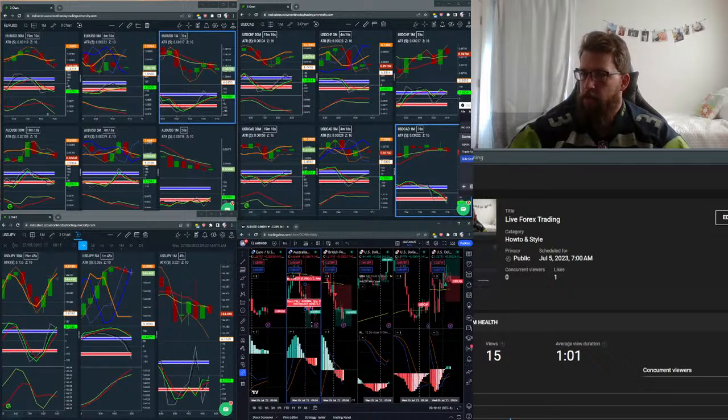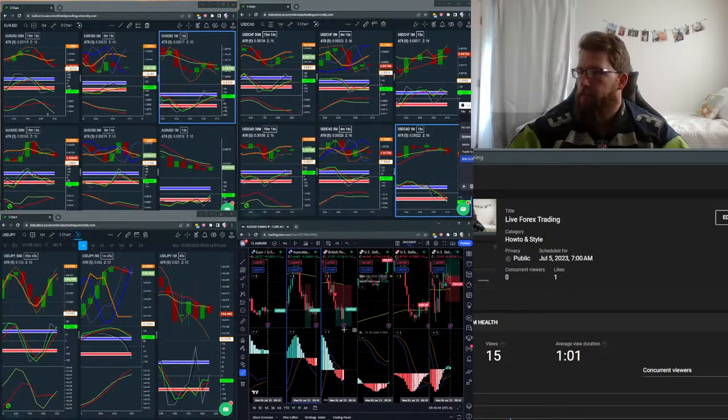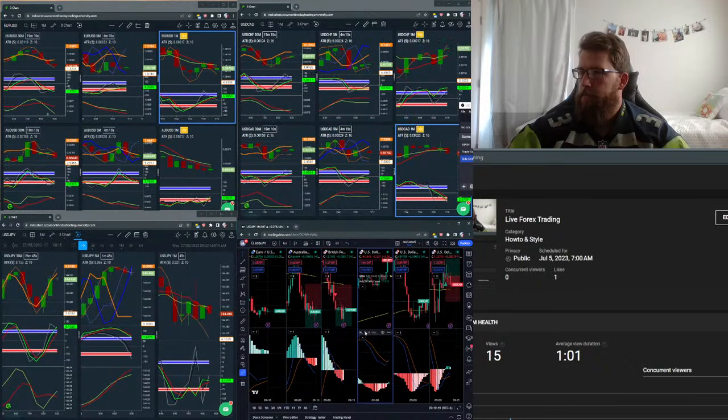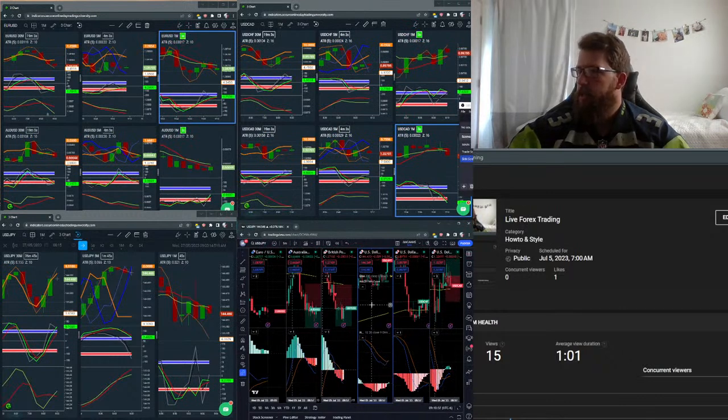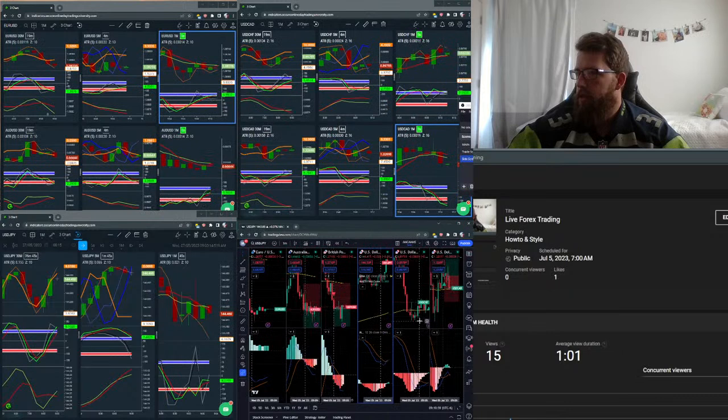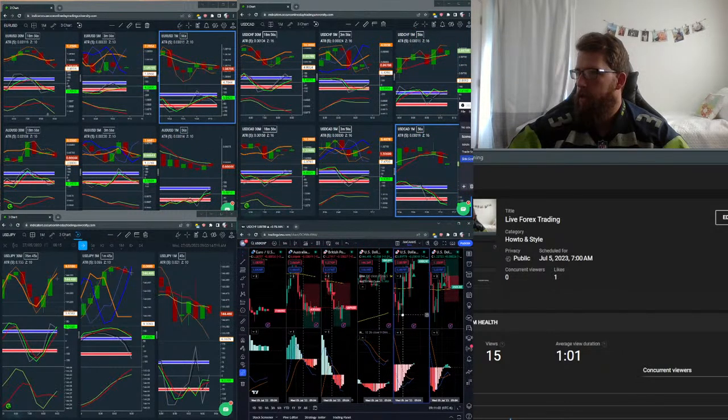It lets me go. All right. So both of these are just kind of hanging out at the entry. This one's looking like it's going against us.